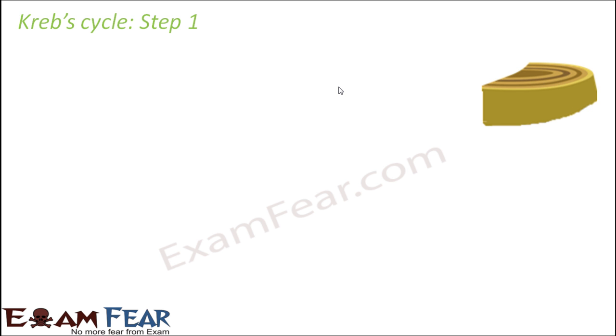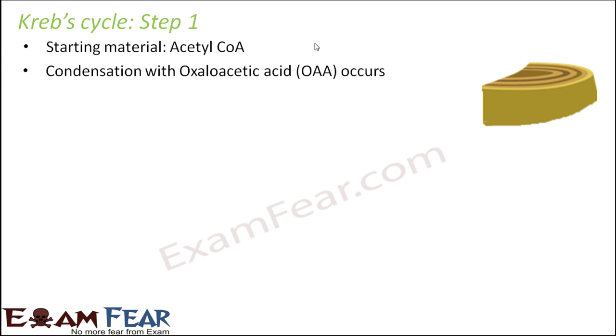So let us look at the first step of the Krebs cycle. What would be the starting material for Krebs cycle? The product of pyruvate oxidation, that is acetyl coenzyme A. So this is going to be our starting material. What is going to happen here is condensation with oxaloacetic acid occurs.